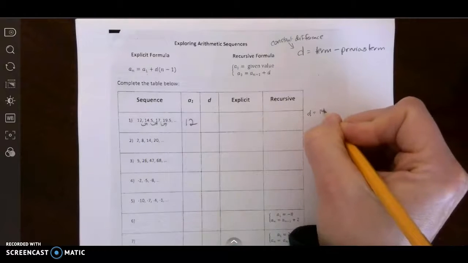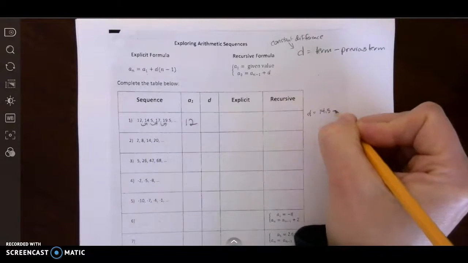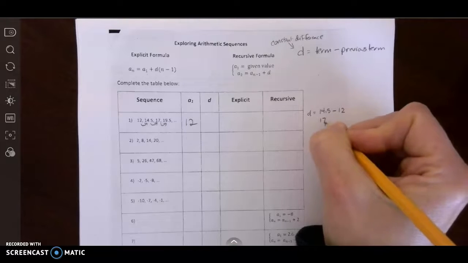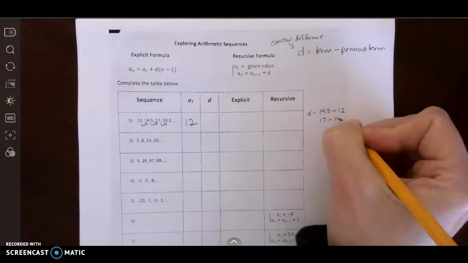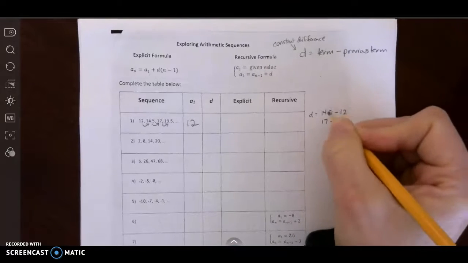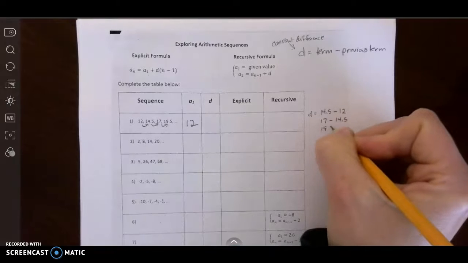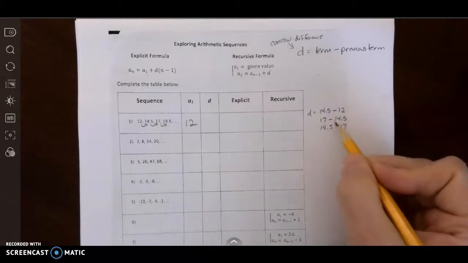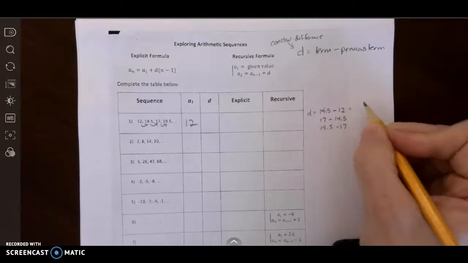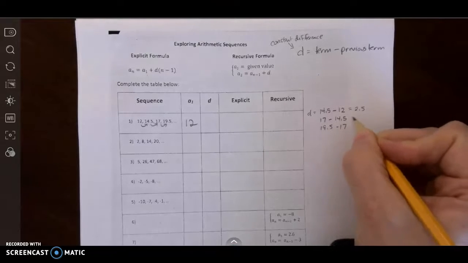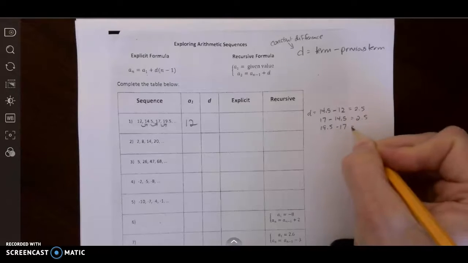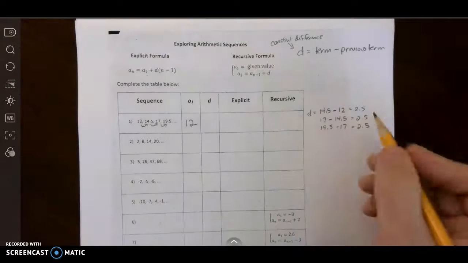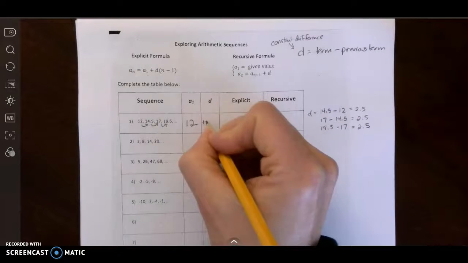So we can take 14.5 and subtract 12, or 17 and subtract 14.5, or 19.5 and subtract 17. If you do any of these in your calculator, you get 2.5 every time, which is why it's called the constant or common difference. And it's positive, so it's plus 2.5.